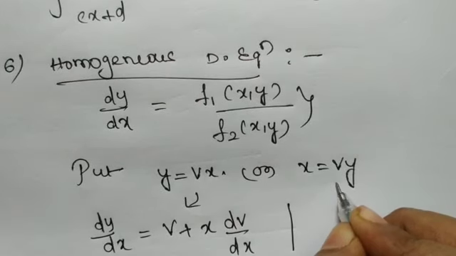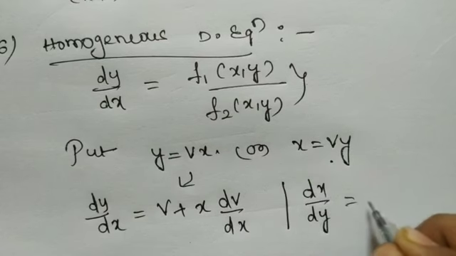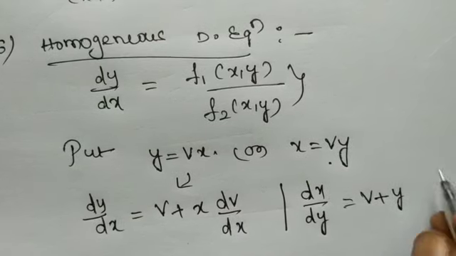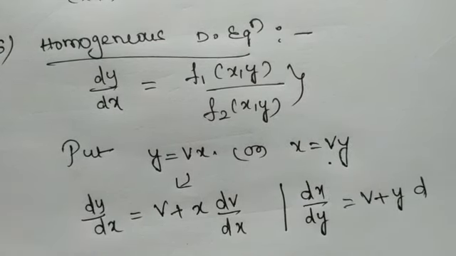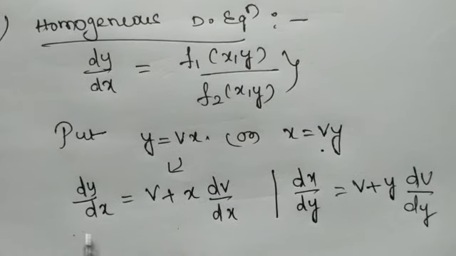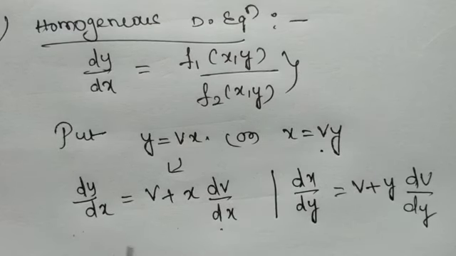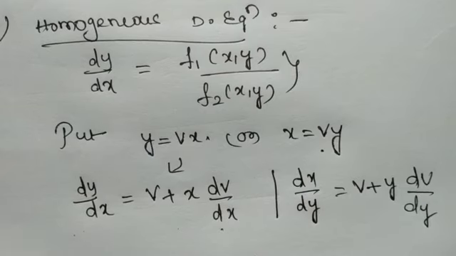Differentiating with respect to y, dx by dy equal to v plus y into dv by dy. Then by using the variable separable method and integrating on both sides, we get the general solution of the homogeneous differential equation.